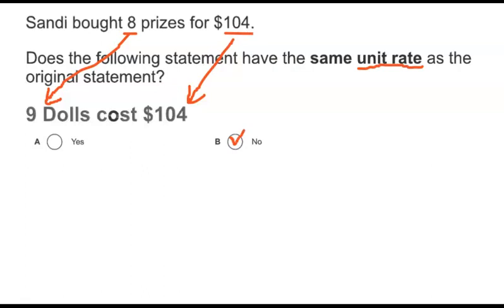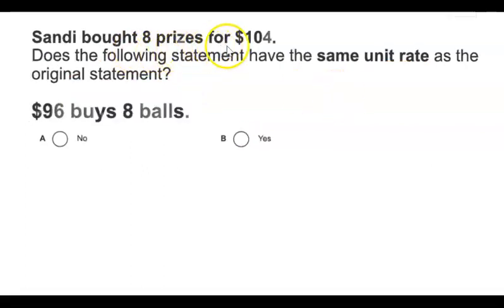We can just look at the explanation and see that if this is 104, this has to be 8 also. Sandy bought 8 prizes for $104, so there's our unit rate. We could divide them again and get how much it is per one prize, but we're once again in a pretty obvious situation where it says, does the following statement have the same unit rate?